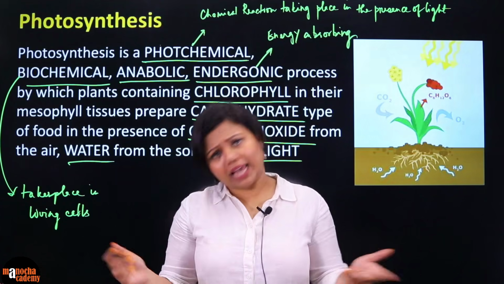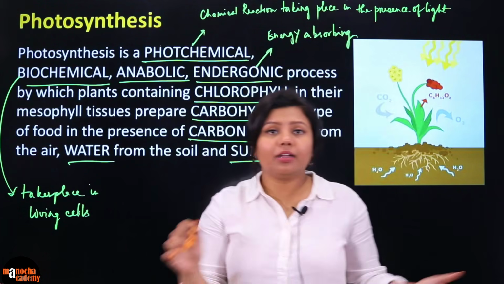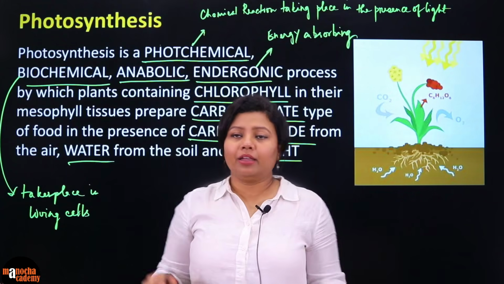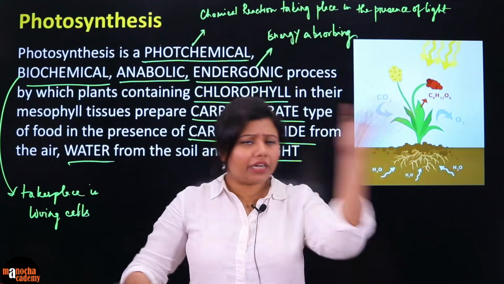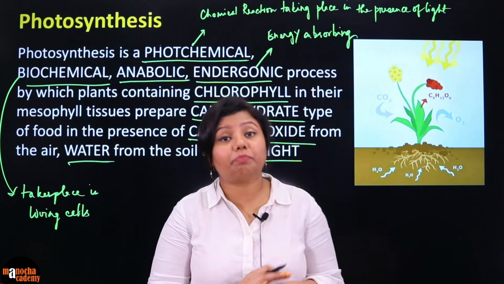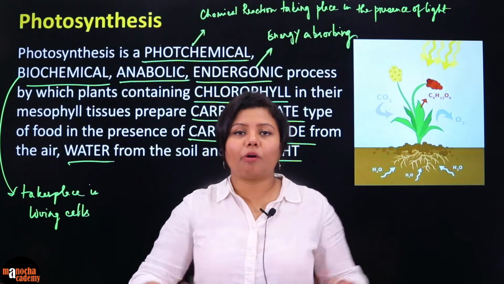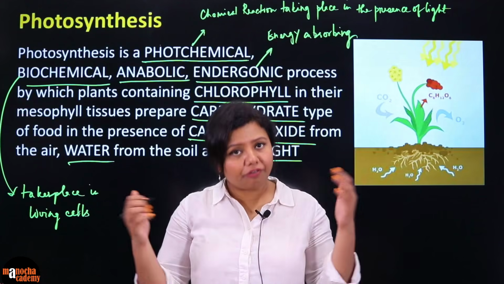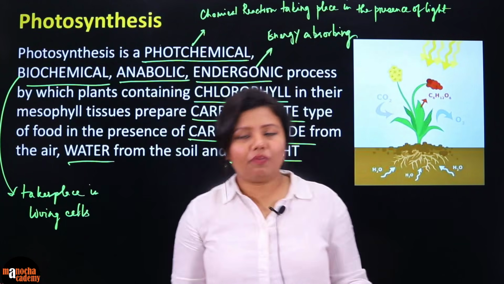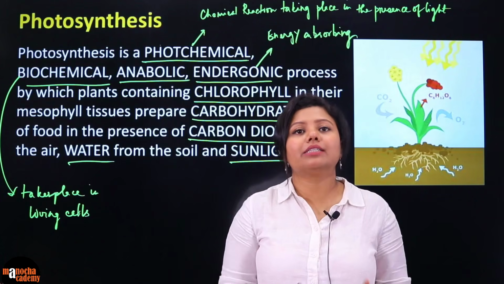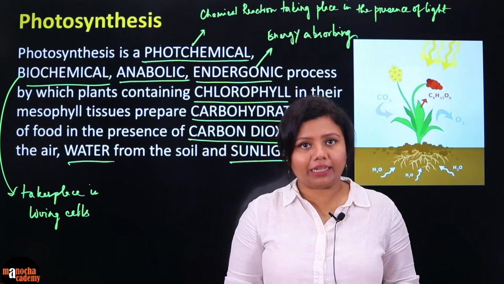Of course, you can write it's a chemical reaction that takes place in the presence of sunlight, but the word photochemical should be there. Keep these technical words and make your own definition. Arrange them and make your own sentence. That is perfectly fine. Don't try to mug up every definition and vomit it on your answer script. If you understand what it is and remember the important words, you will always be able to construct a sentence and write it. That much English I am sure you know, or whichever language you are writing in.